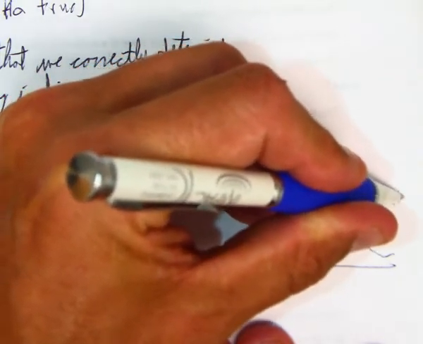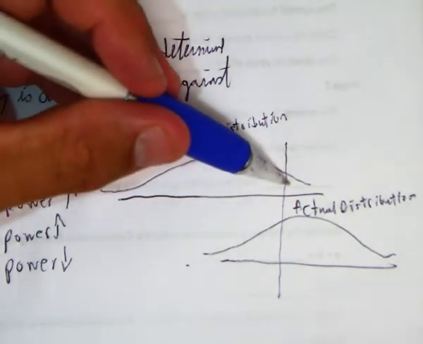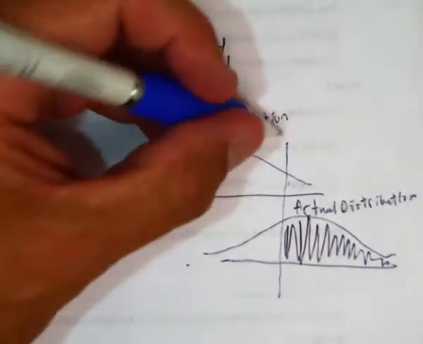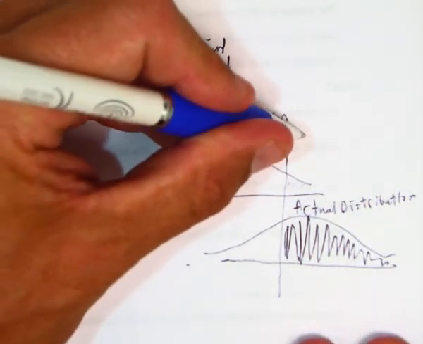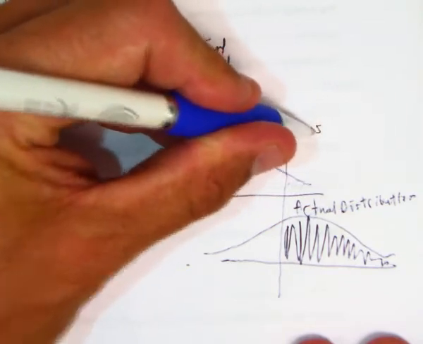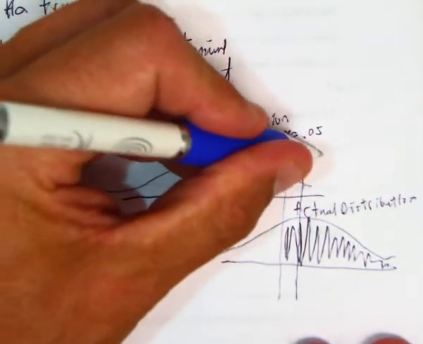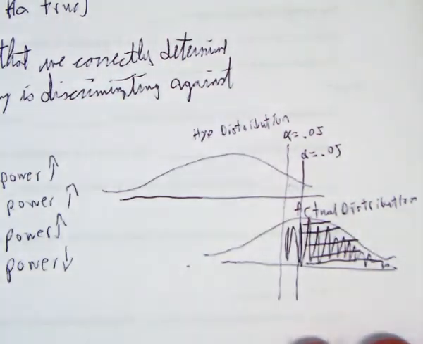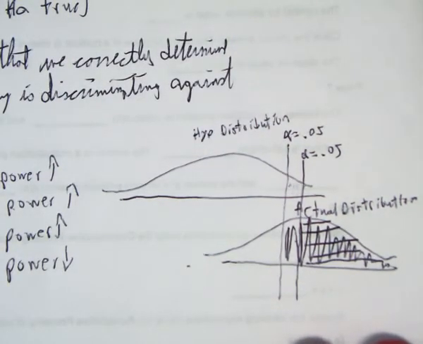The probability that we get a sample in this region, so we would reject, is this. Let's say that's alpha equals 0.05. Now if alpha is 0.01, it would be over here, and it would only be this region right here. What's more powerful? The bigger region is more powerful, so the larger the alpha, the more power.